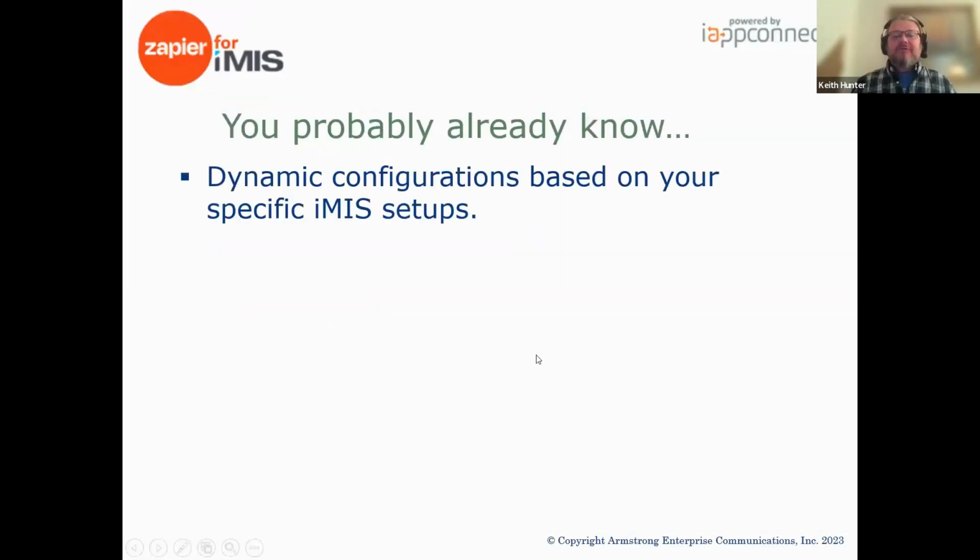So you probably also know that Zapier connects to your iMIS database, so you can see what your fields are. You can say, well, I want to put data in a particular table or a particular panel source or a user-defined table. And it sees your tables, it gives you a list of your tables, and it gives you the fields within each one of those tables.